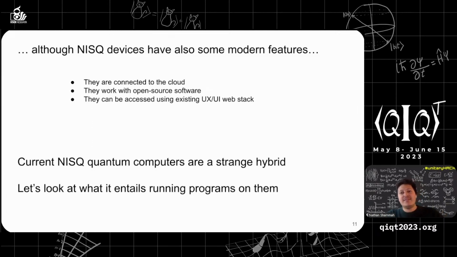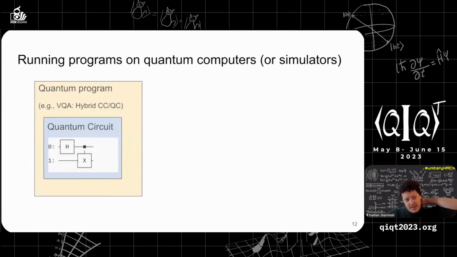So let's see, at a very high level, what does running programs on quantum computers entail? In its simplest form, a quantum program can be represented as a quantum circuit.